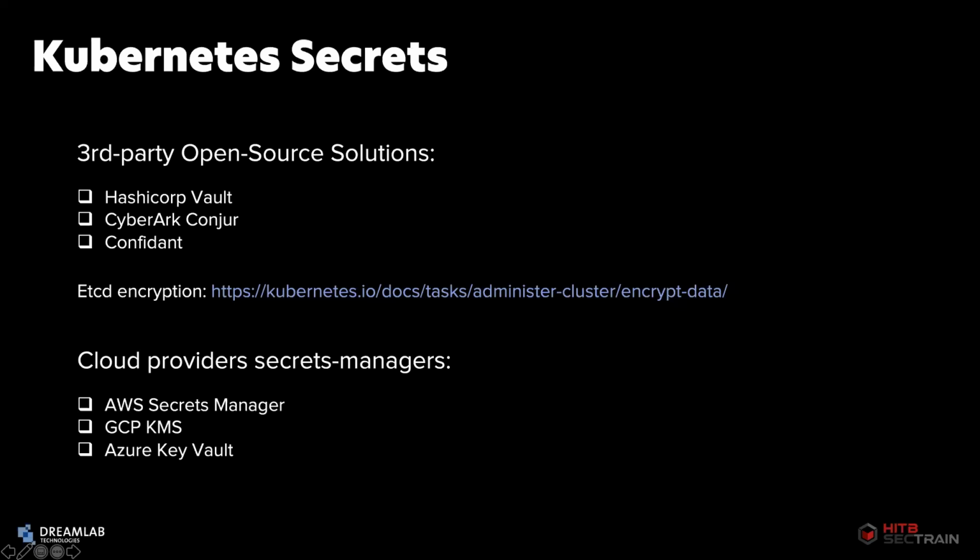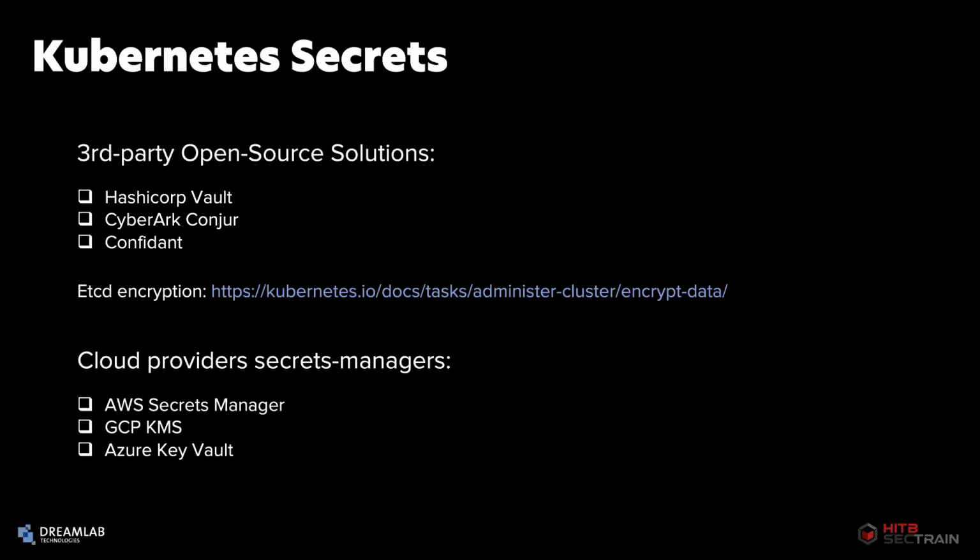Also, it's always a good practice, if you can, to encrypt the etcd database. As we were talking about before, etcd is like the database of Kubernetes, but by default it is not encrypted. So secrets are stored in this database.